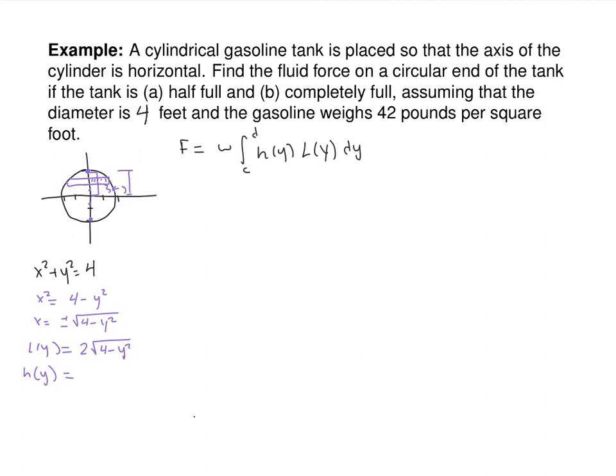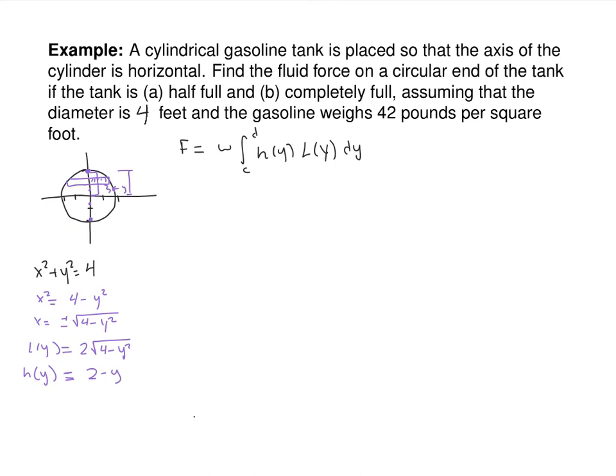So once again, I think it's 2 minus y. Let's just confirm by plugging some numbers in that it works for the lower points as well. So when you plug in, say, -2, you'll have 2 minus -2, or 4, which is what the depth would be. So there is your depth function.